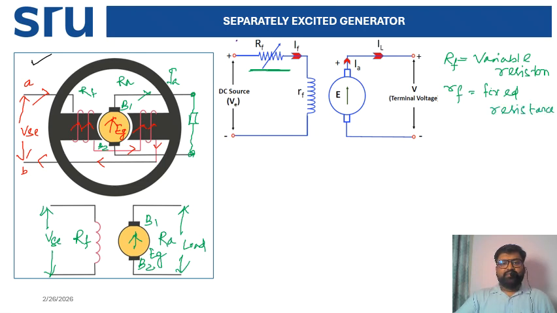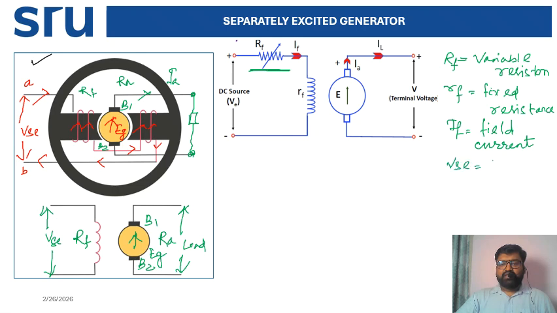What is that? That is your small rf, that is your fixed resistance. Then what is IF? IF is your field current. As per the connection of parallel or series, you can also rename it, but this is known as your field current. And what is your VAC?